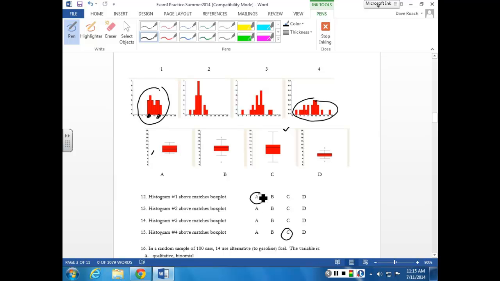and then the other, well, it's pretty easy to see here. I've got B and D left and 3 and 4. Well, a couple of things here. A, you can see this one's more spread out with a potential outlier here. So 3 is going to go with B. And also, this is the narrowest, with possible outliers here.